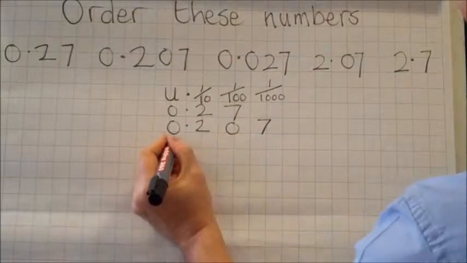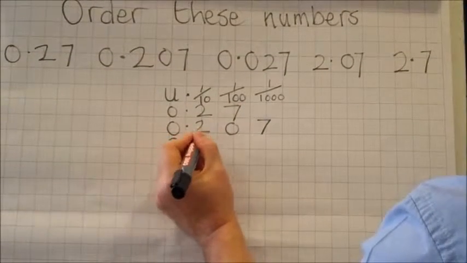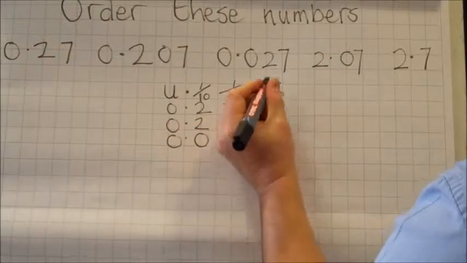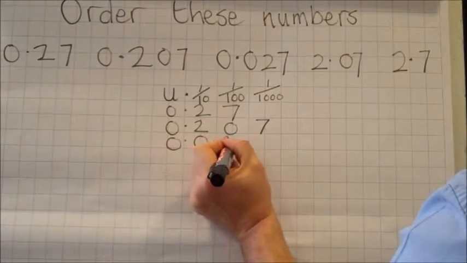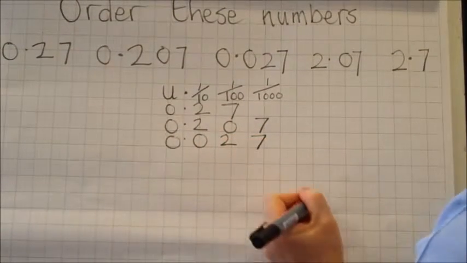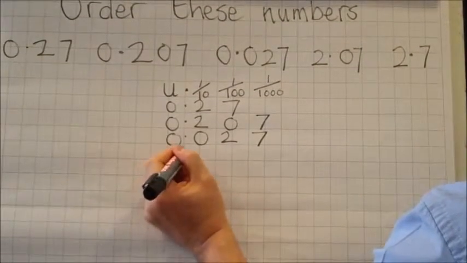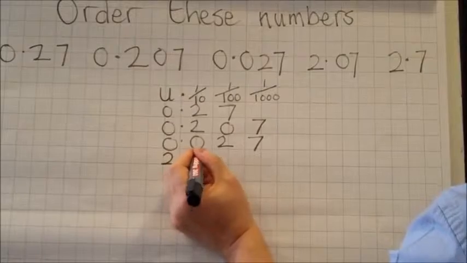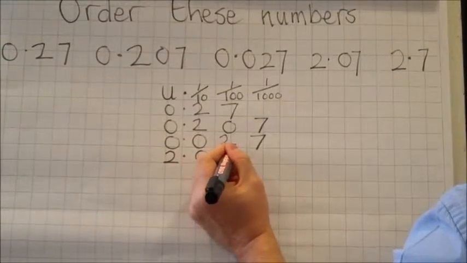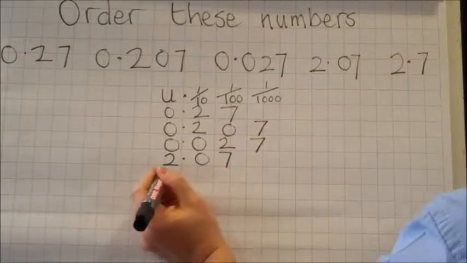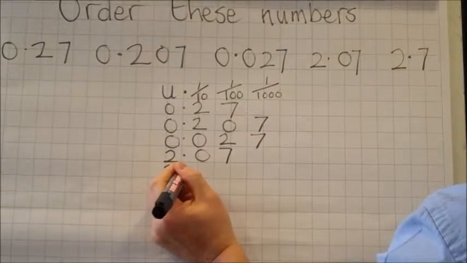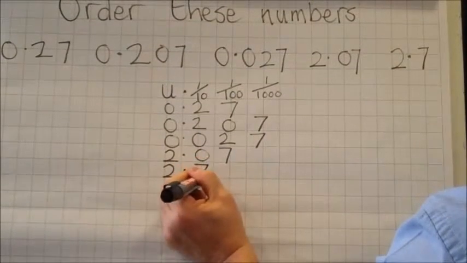This one here, no units, no tenths, 2 hundredths, 7 thousandths. This one here, 2 units, no tenths, 7 hundredths. This one here, 2 units, 7 tenths.